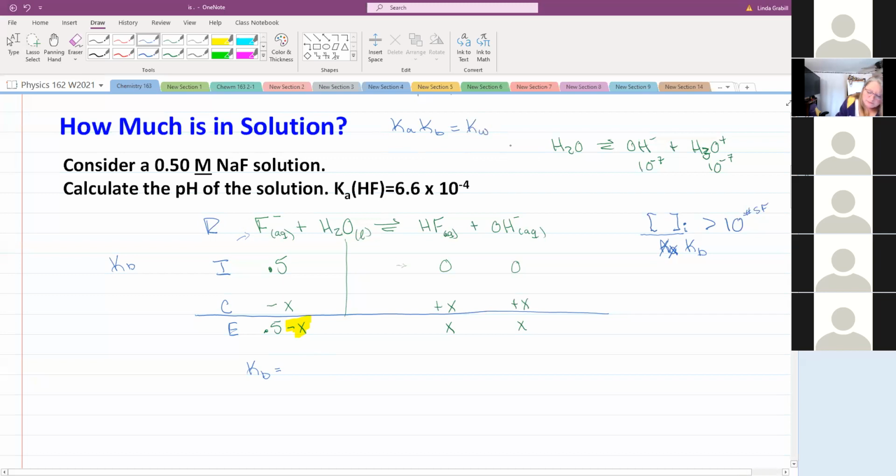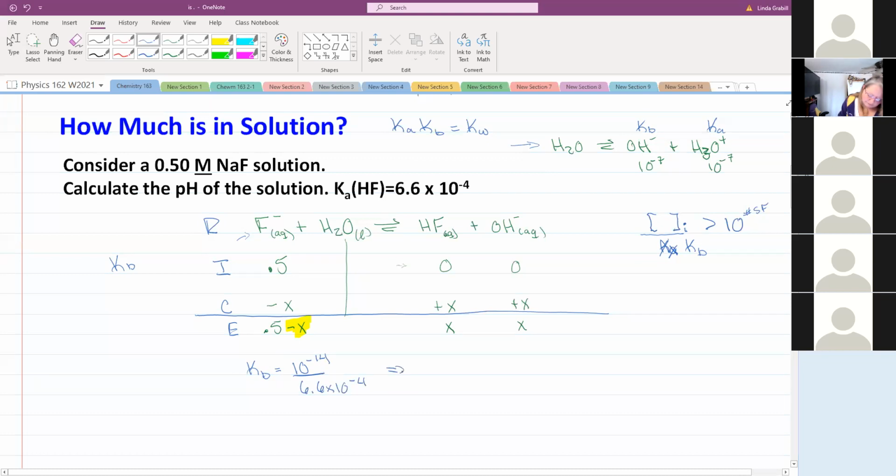And that just comes from this expression, because remember, Kw equals the concentration of OH and the concentration of H3O plus. Another way of looking at that is that this is Kb and this is Ka. So my Kb is going to be my Kw, 10 to the negative 14, divided by my Ka, 6.6 times 10 to the negative 4.